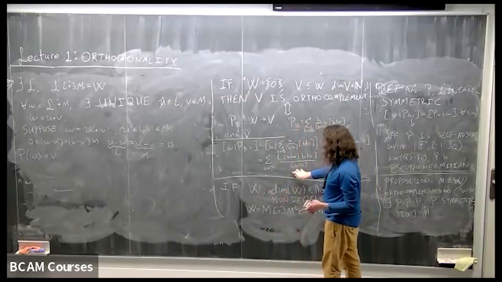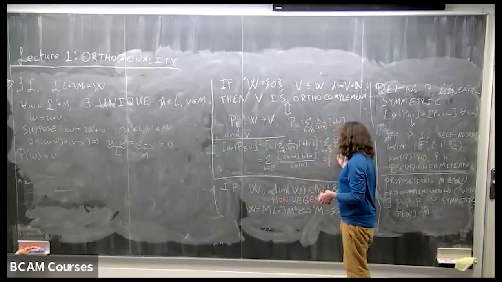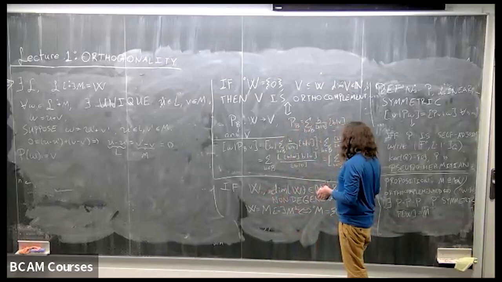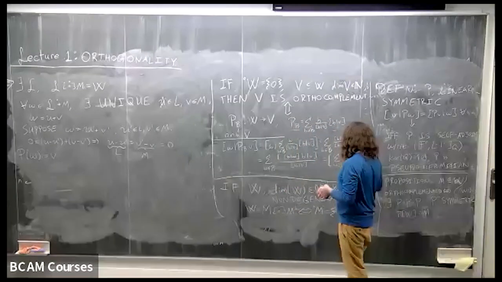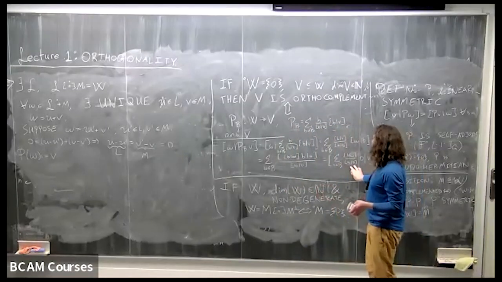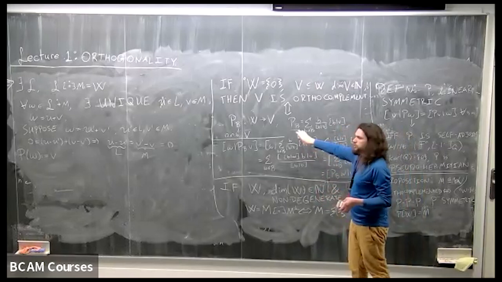And then I can now move these denominators in this sum into the first argument of the inner product. And then this, by definition, is the projector. So I have self-adjointness.